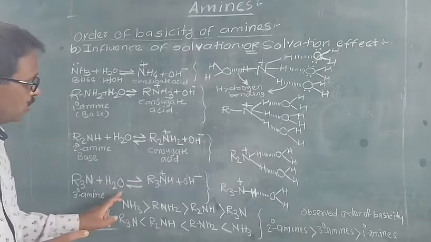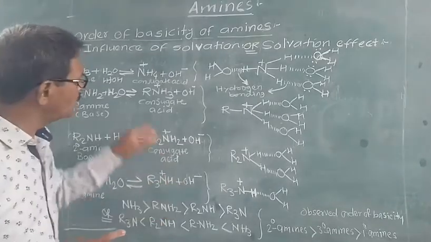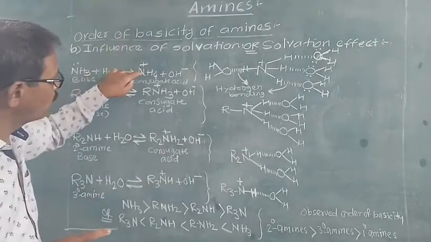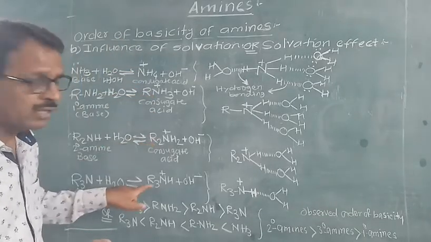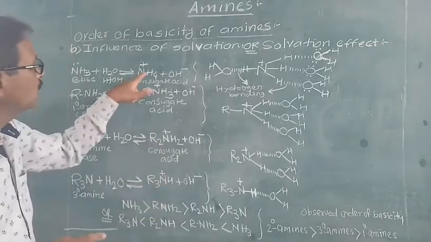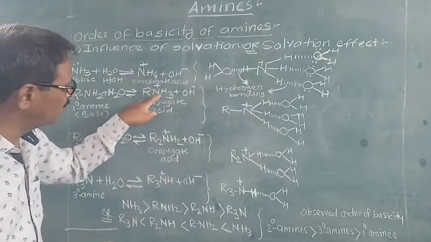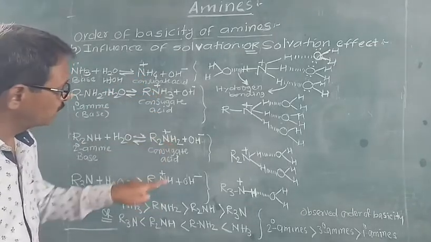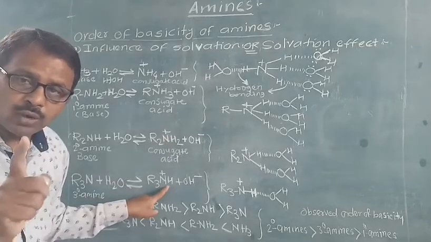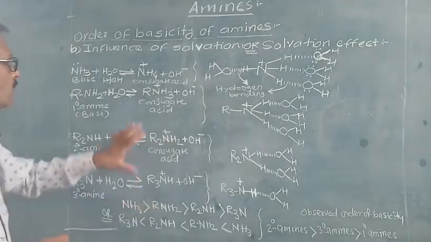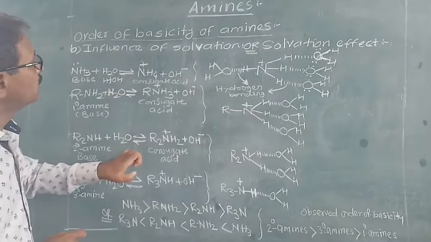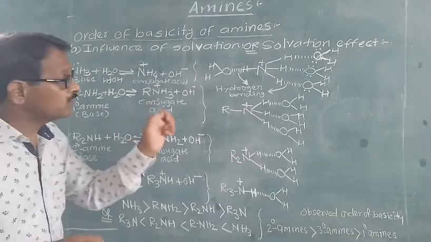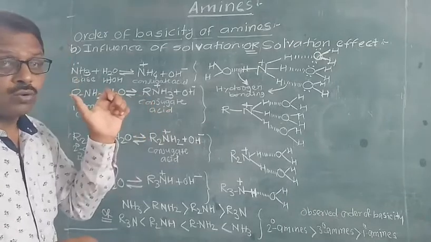Tertiary amine combines with H and forms R3NH plus. Now these are the conjugate acids: NH4 plus, RNH3 plus, R2NH2 plus and R3NH plus. NH4 plus contains 4 hydrogen atoms, RNH3 plus contains 3 hydrogen atoms, R2NH2 plus contains 2 hydrogen atoms, and the tertiary amine conjugate acid contains only 1 hydrogen atom. Now, which of these conjugate acids are more stabilized by that water molecule?